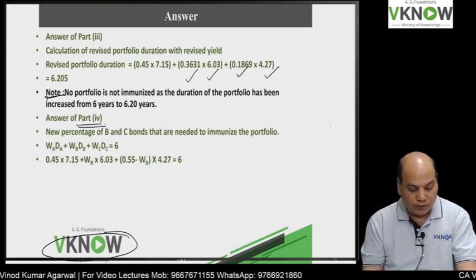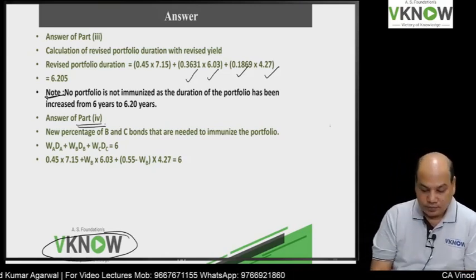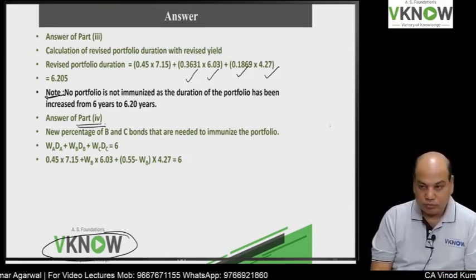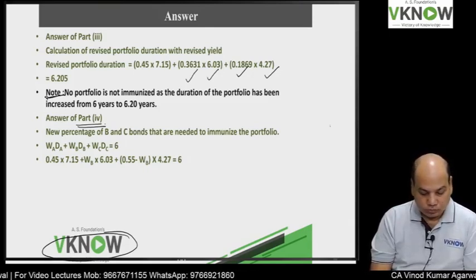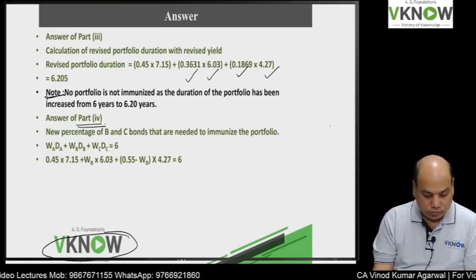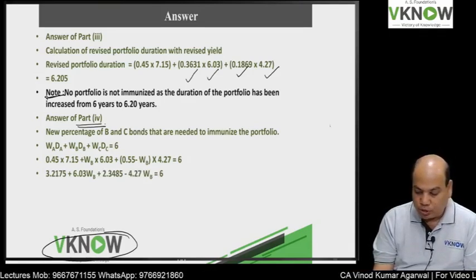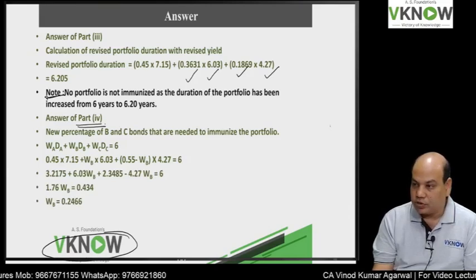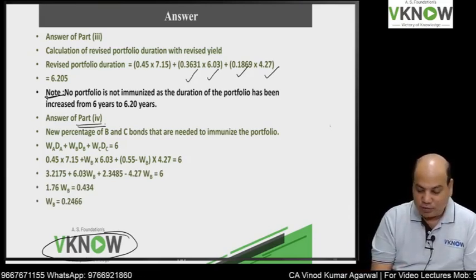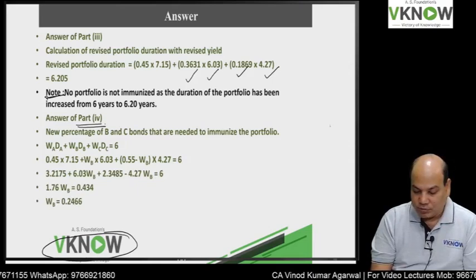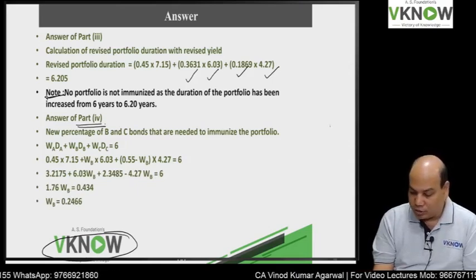Anybody wants to reply for weight of bond B? Weight of bond B is 0.246. Very good, amazing. Now tell me weight of bond C.